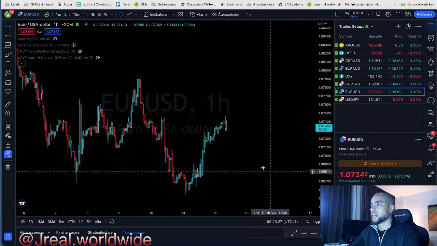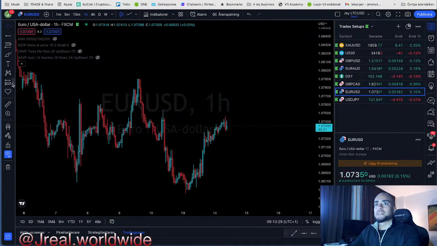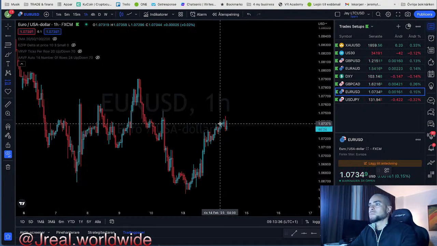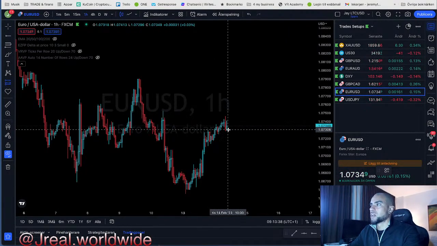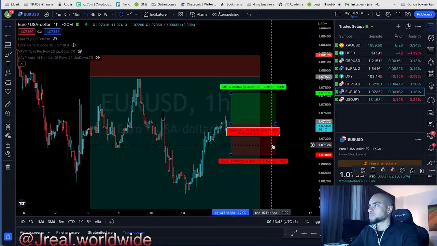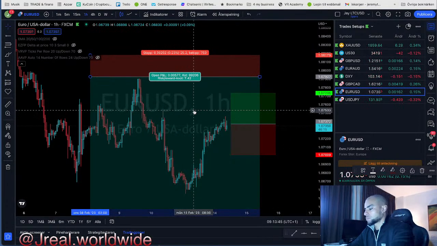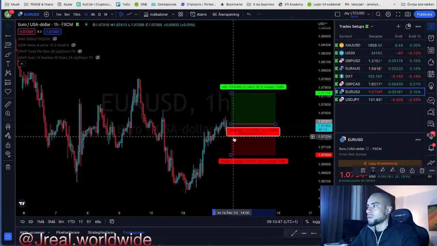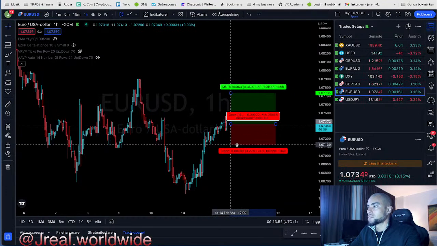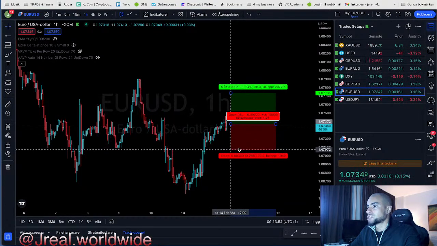Okay, now let's say that we are going for a buy here. It actually looks like a sell coming up here, but let's say we're going in for a buy here, okay? And we are putting the stop loss here. That's a normal place to put the stop loss, and that's like 30 pips down.